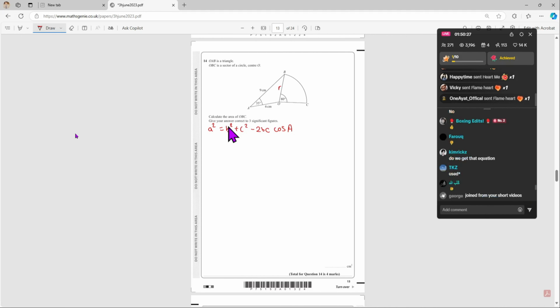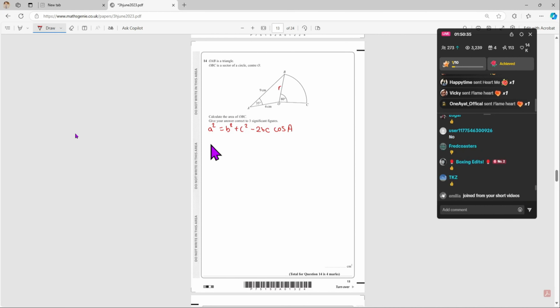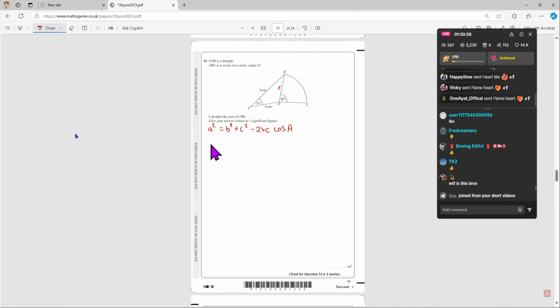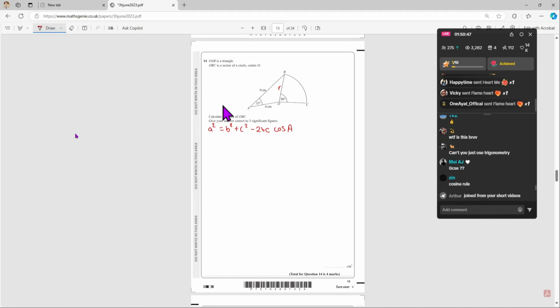So we have a squared is equal to b squared plus c squared minus 2bc cos A. Now, once we have done that, we need to substitute our values in that we already know. This is our a squared right here. Our r is our a.